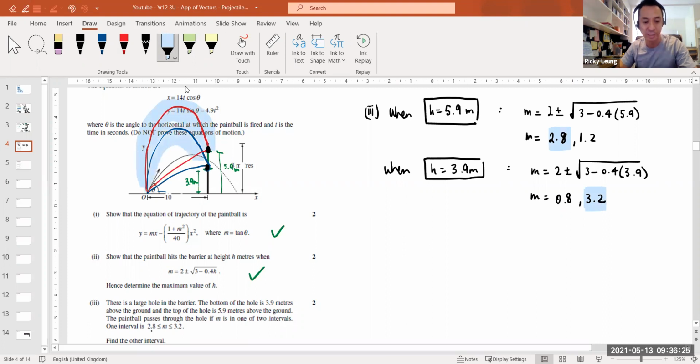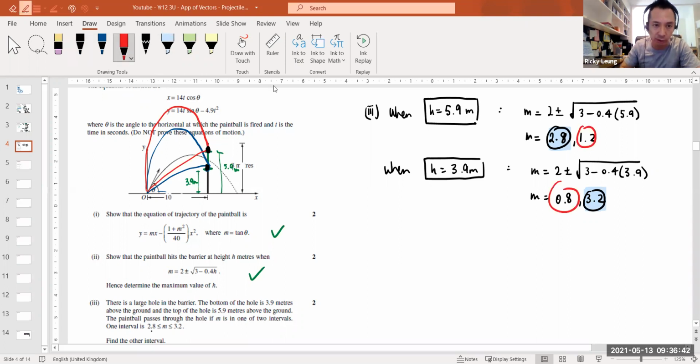Maybe that's the way to see it. If you look at the top red, the higher red, and the higher blue, that's these two. So if I fired top red, top blue, I can make it through the barrier. Alternatively, I can fire at bottom of both, so bottom red, bottom blue, and that gets me my other interval.